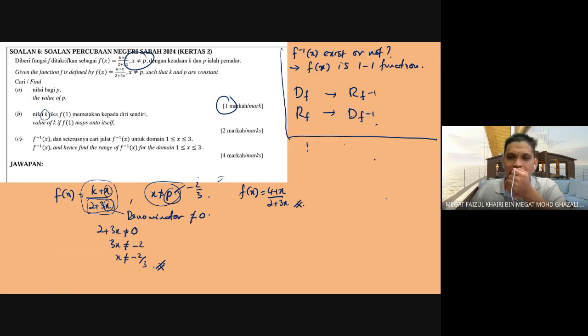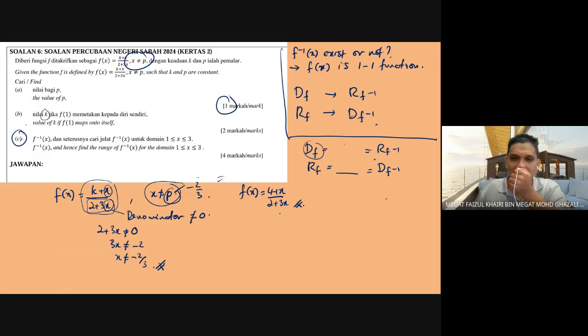So if the question asks you to find the domain and range for f inverse, you don't have to find another way. You just use the domain of f(x) as the range of f inverse, and once you get the range of f(x), you put it as the domain of f inverse. That's all.